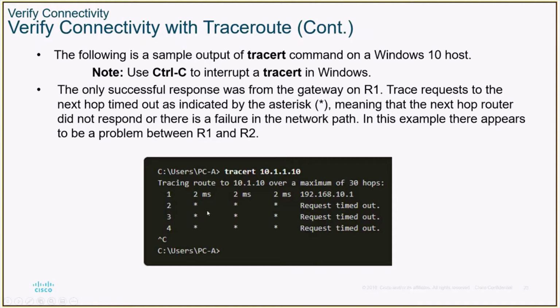Now you might get some stars along the way if that particular router has been set not to respond to echo requests, because in that previous chapter we were talking about reconnaissance. Well, ping is used for reconnaissance, so some people don't reply to it. But if you get a string of one after the other of just these stars, Control-C will get you out. Basically, the next hop after your nearest router, there's a problem.